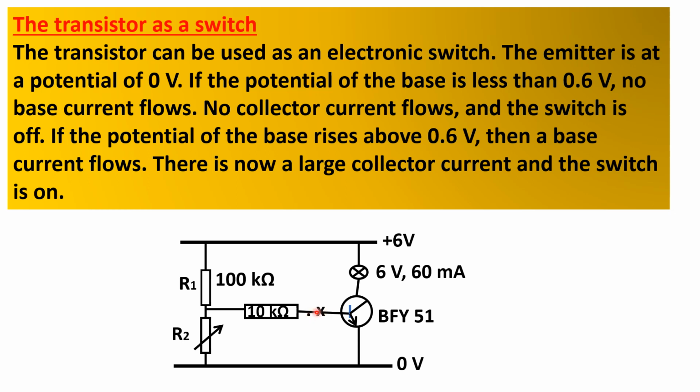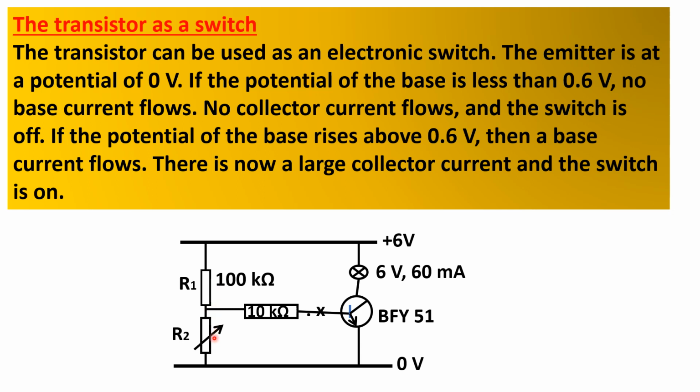But if you slowly increase the variable resistor, the voltage is now divided. The 6-volt input is now divided between these two resistors.